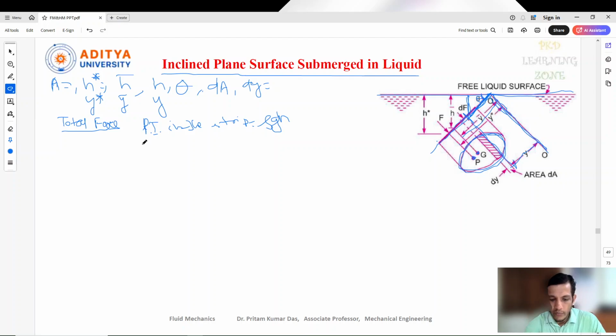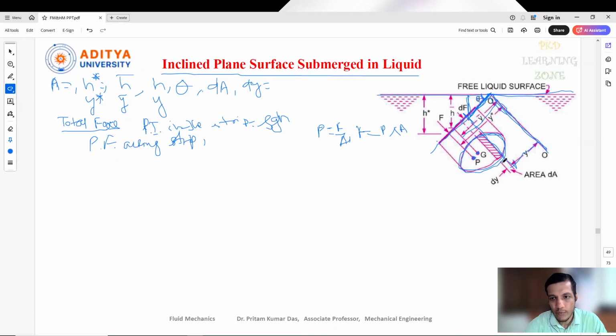Now we need to calculate the pressure force which is acting on the small strip. So next we write the pressure force acting on the strip. We know that pressure equals force by area, so force equals pressure into area.